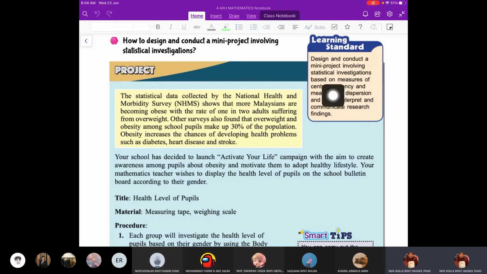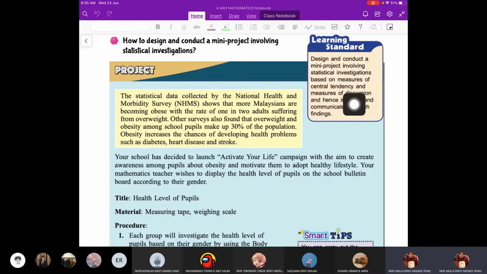So measures of central tendency yang kita belajar pasal mean, median, mode. Okay. And then measures of dispersion kita belajar pasal variance, cumulative frequencies, standard deviation, quartiles, percentiles. Itu measures of dispersion.